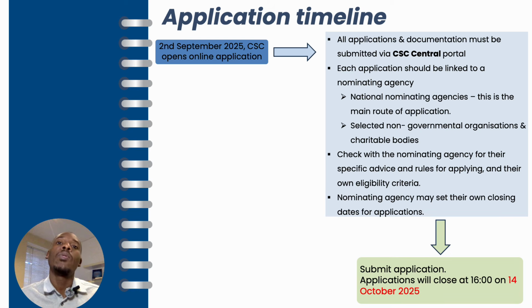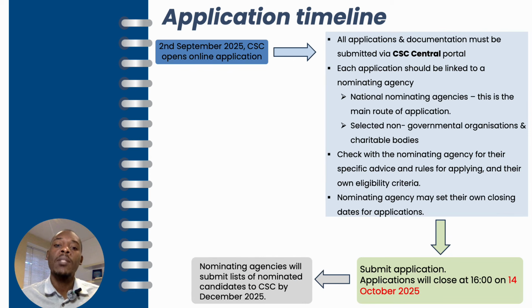They will read through, they will use their own process to select candidates, and they will be required to inform the Commonwealth Scholarship Commission by December that this is the list of applicants that we've nominated for consideration to be awarded.